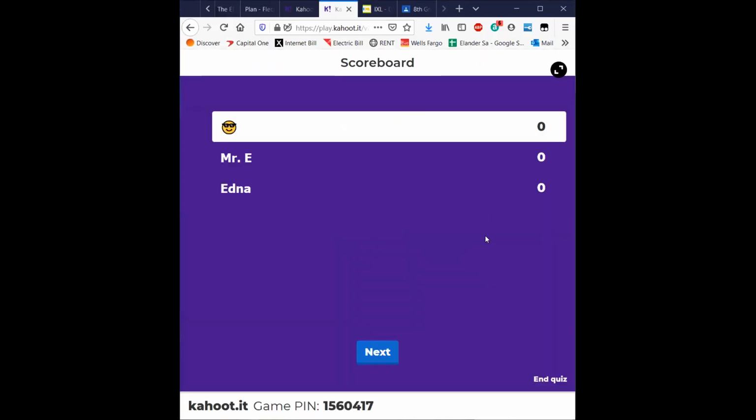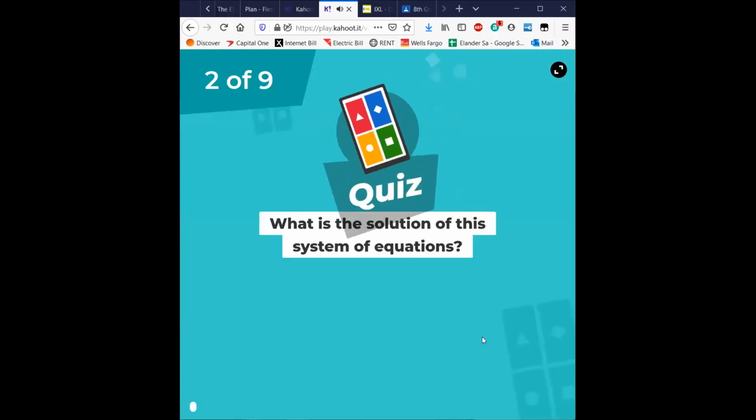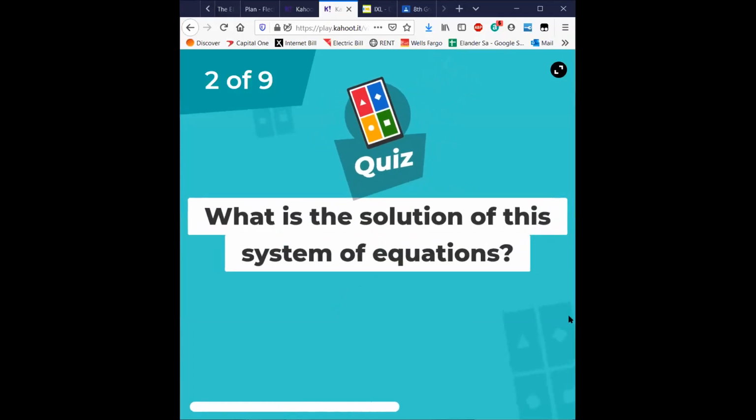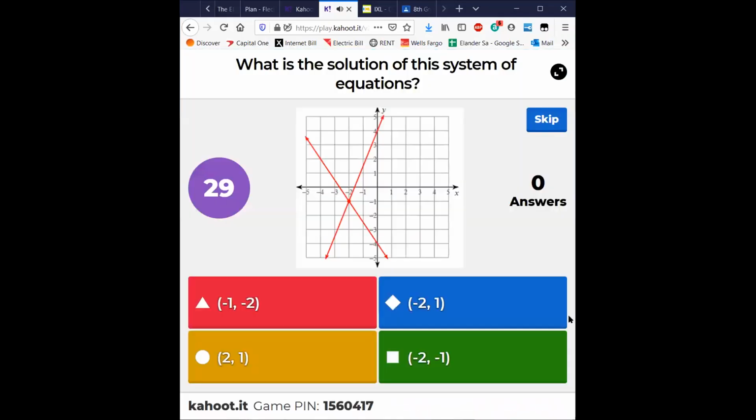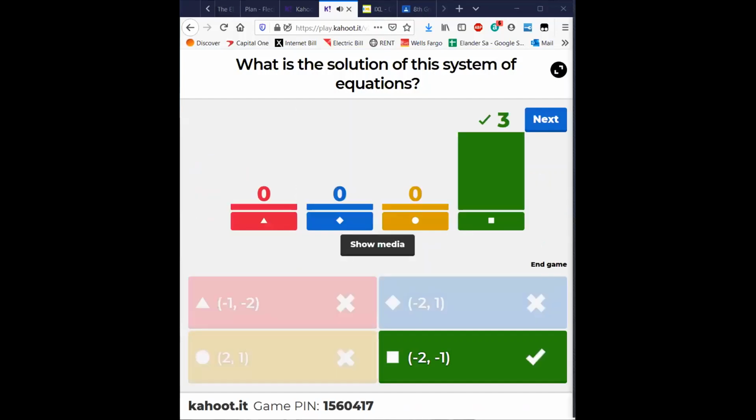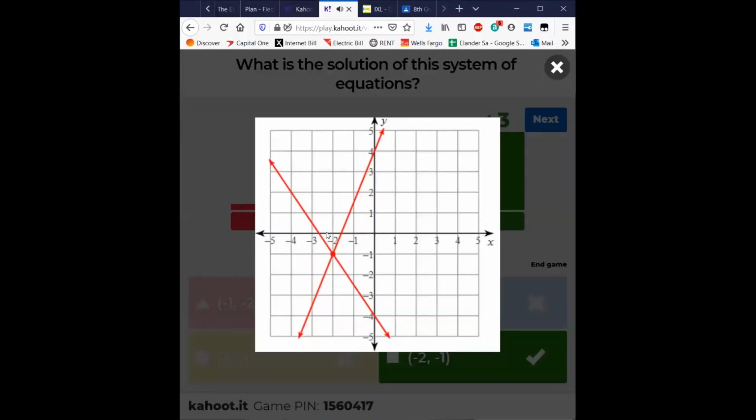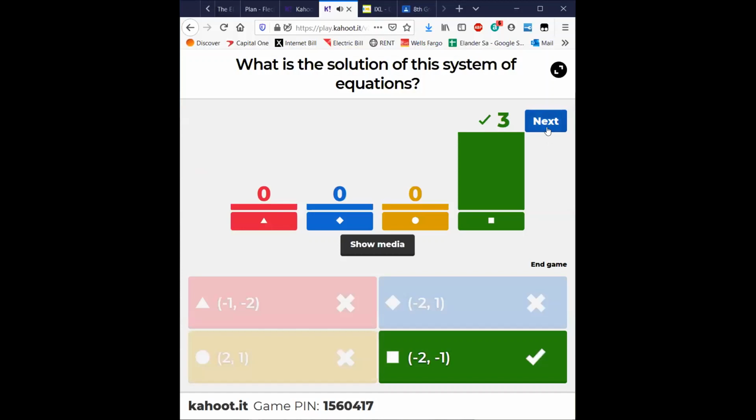All right, next question. What is the solution of this system of equations? Excellent. Nice. -2 comma -1.